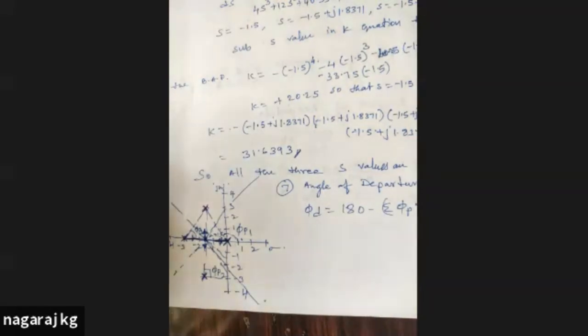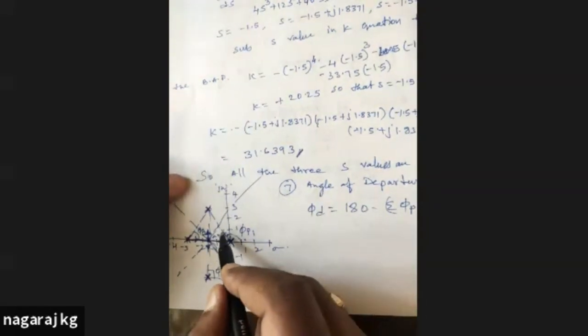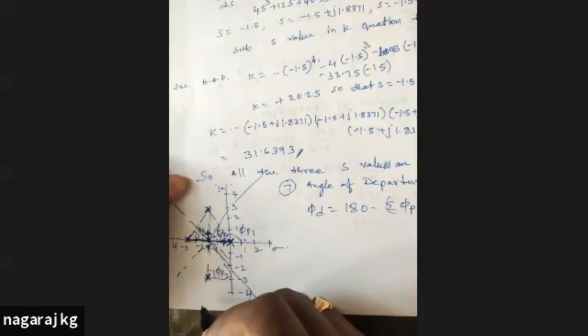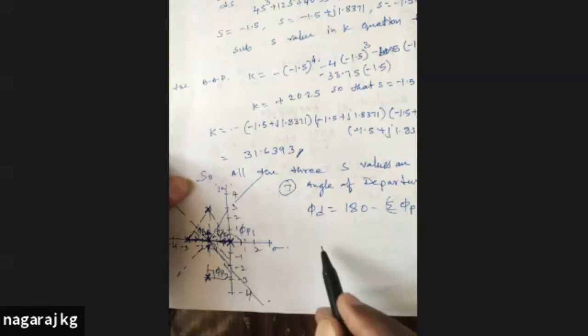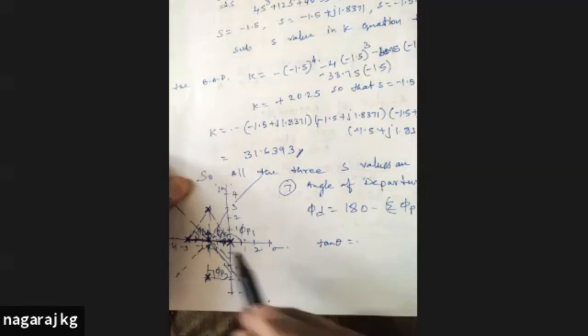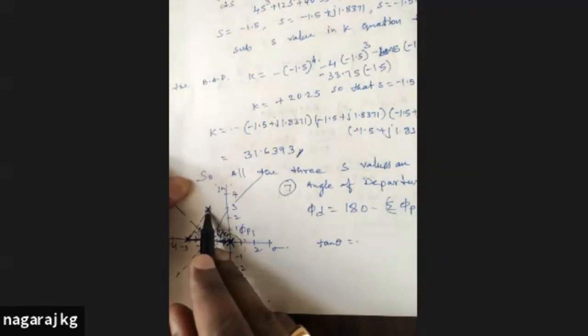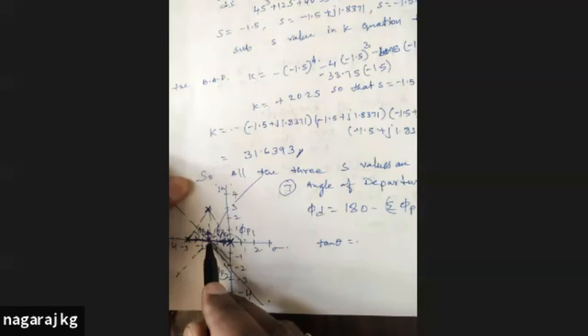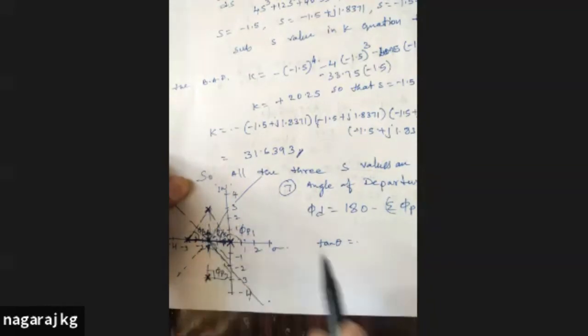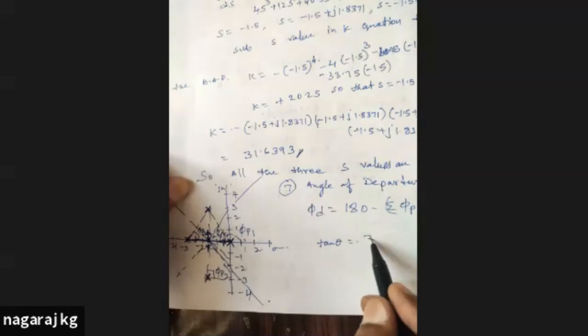How do you get phi P1? You can get it by finding theta from this. What is this theta? I'll go for tan theta. Tan theta is equal to opposite by adjacent. Opposite, the length from the real axis to the complex pole, is 3. Opposite side is 3.